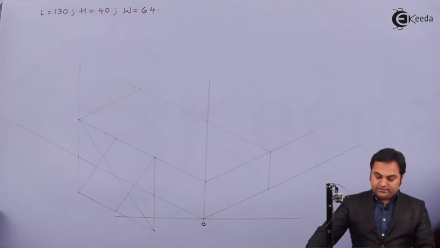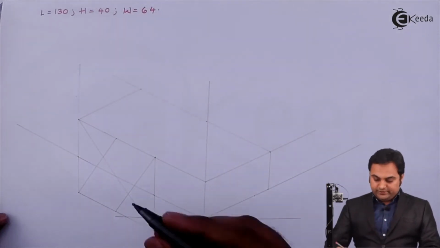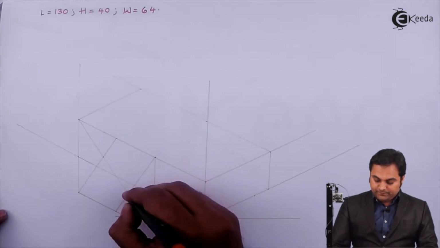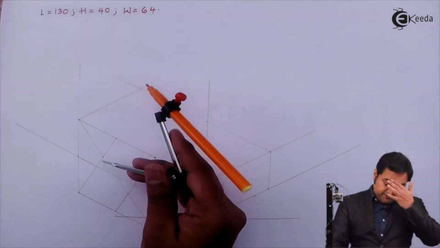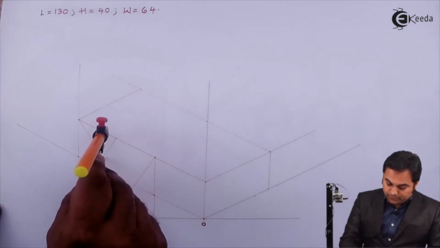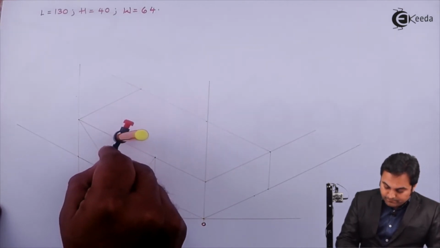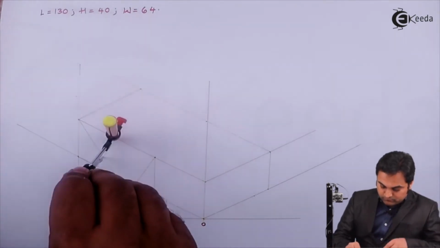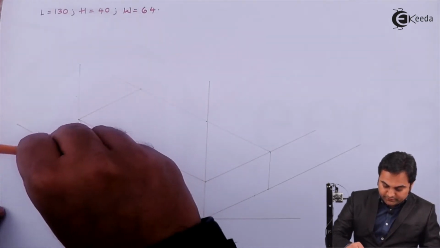And now where these lines are cutting the longer diagonal, I am getting 2 points. These will be the center points. Next, keeping this center and the distance equal to up to this midpoint, drawing a light arc here.